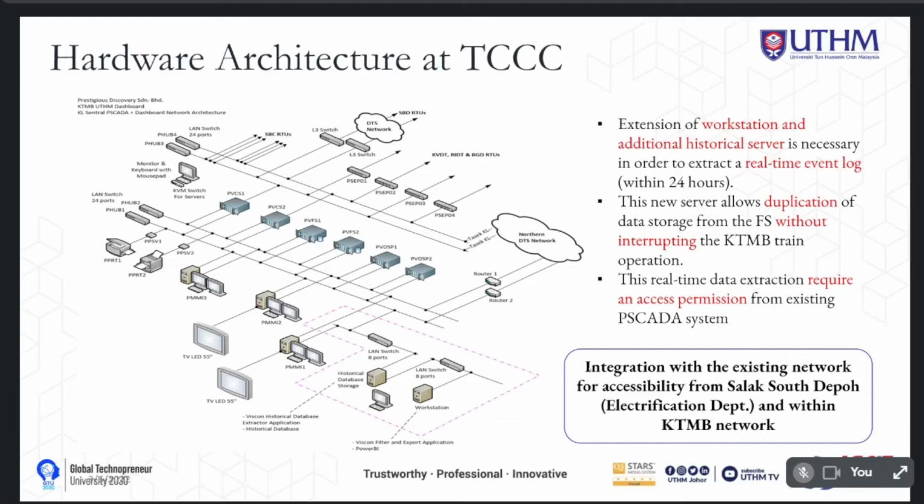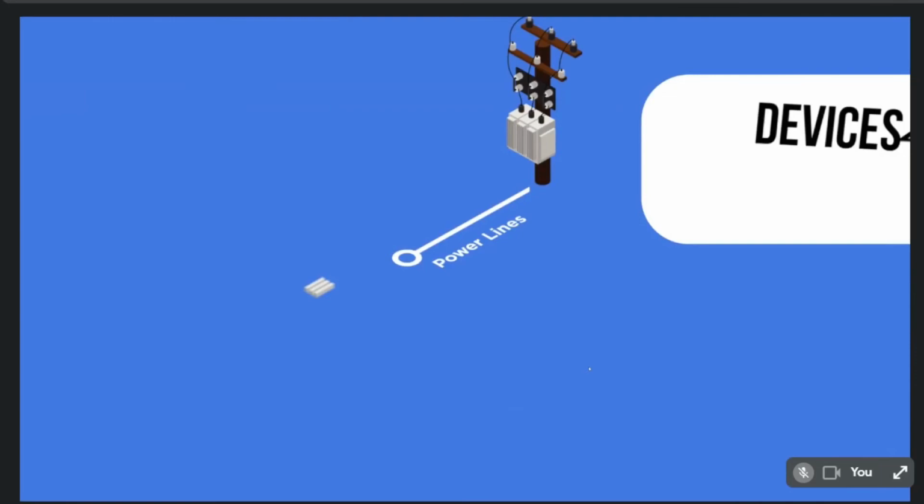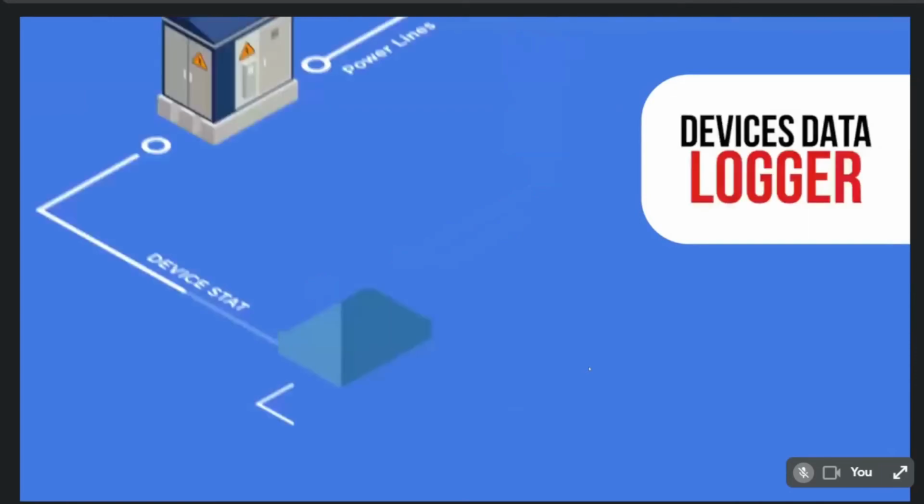Apart from that, TCC is located at Kuala Lumpur Central. On the other hand, we have a team of the electrification at Salak Selatan. So we have to use another network which must be secure. So this is the device data logger: the power line, then device status.